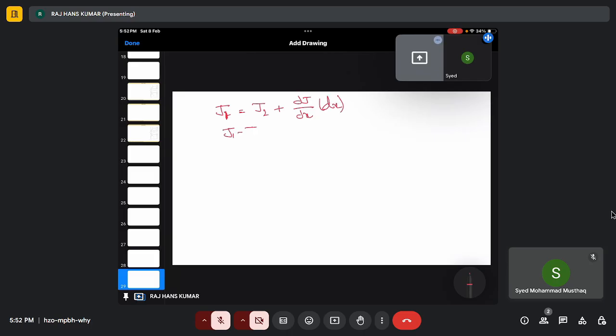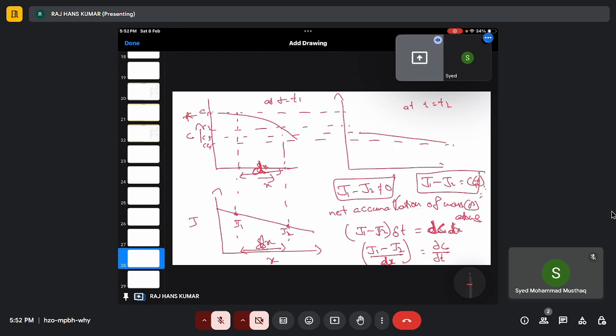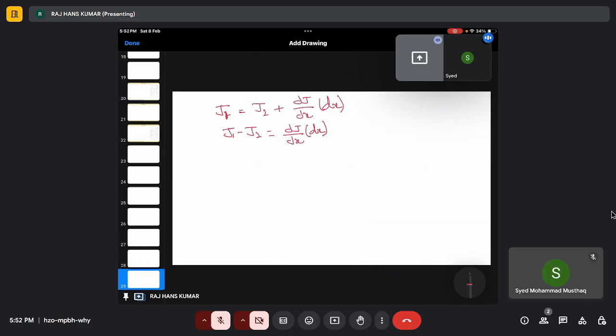J1 minus J2 will be equal to minus dou J by dou x times dx. Now substituting that here, it will turn out to be dou J by dou x times dx divided by dx will be equal to dou c upon dou t.